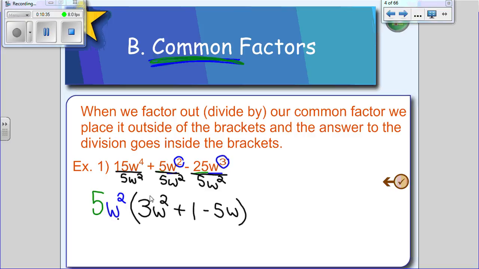So is there a number that can divide into 3, 1, and 5? No. Do all of these have a letter? No. So then you definitely are done. But that's how you would check. And you would add any like terms, if you could.